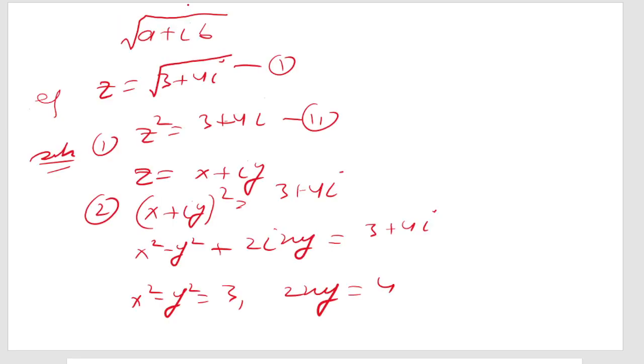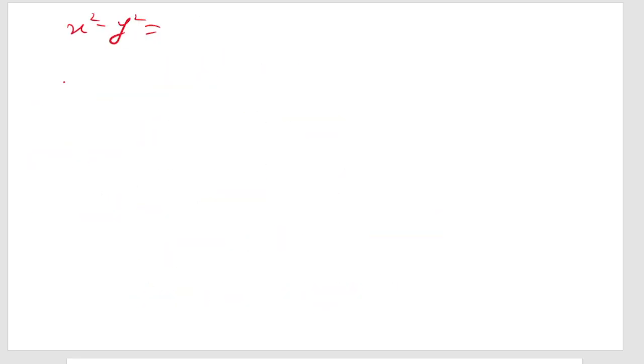How do we solve this? We have to solve these equations: x square minus y square is 3 and 2xy is equal to 4. How do we solve it?